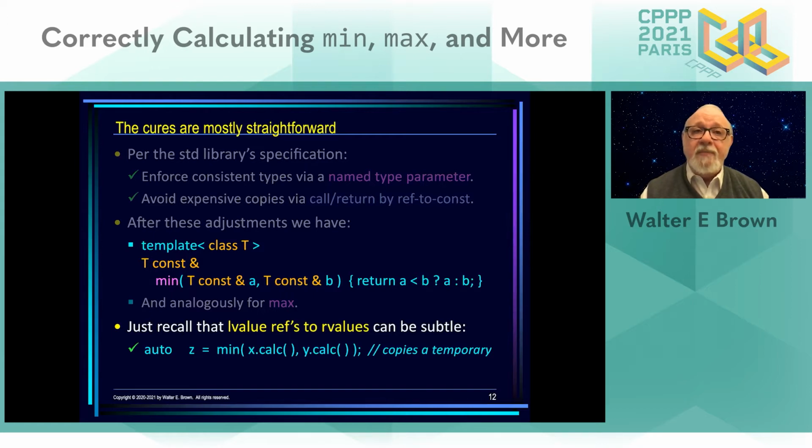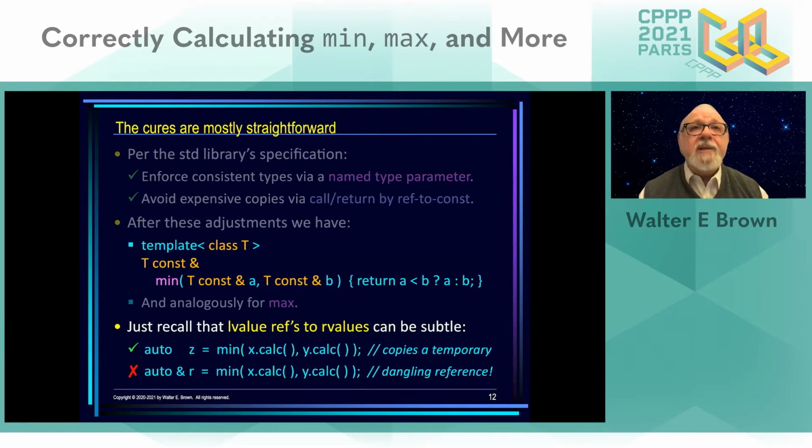So we can, of course, copy from that, and that's fine. But if we're trying to take the result by reference, by the time we're done with this statement, what we will have in R is a dangling reference, because those temporaries will be gone at the end of this full expression. Nonetheless, that's sort of on a side topic.